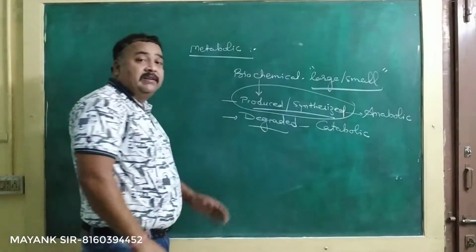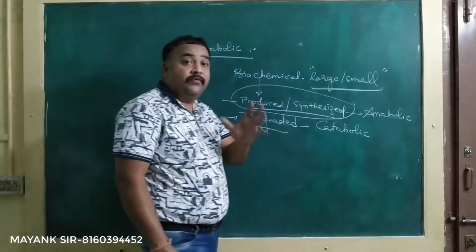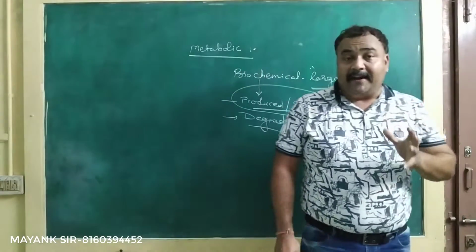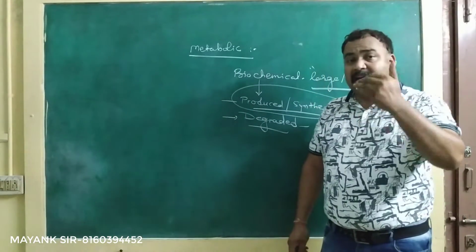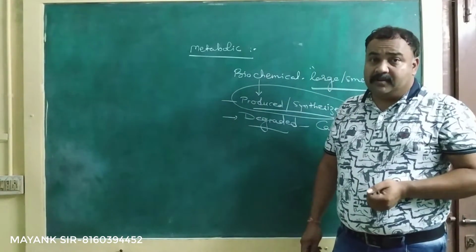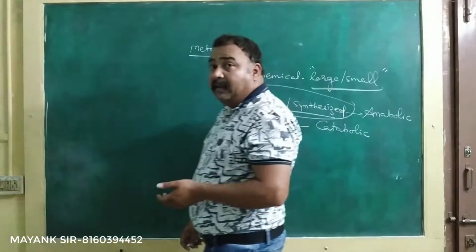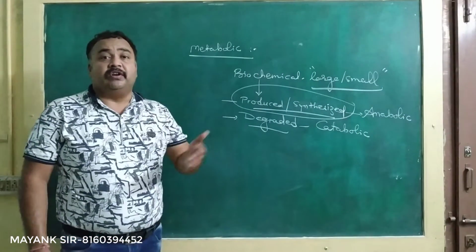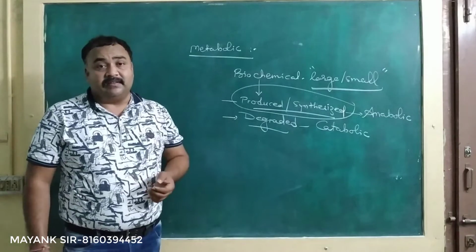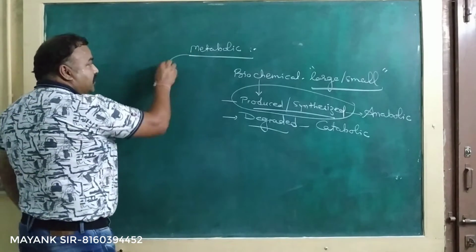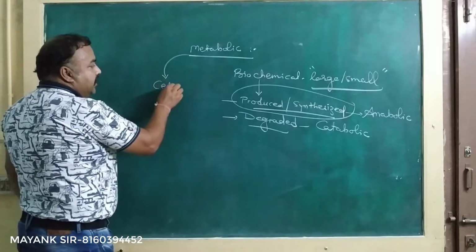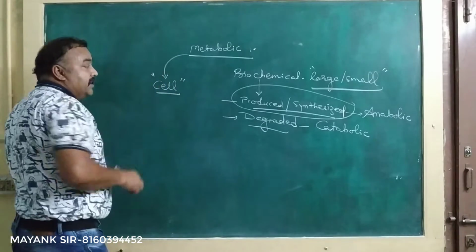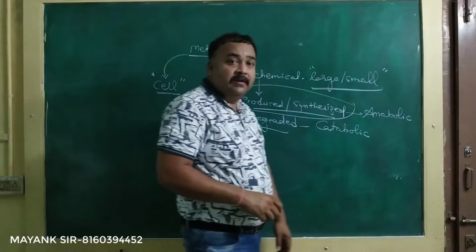So metabolism is nothing but the sum of all the biochemical reactions occurring inside the body of living organisms. And metabolism leads to formation of characteristic biomolecules. And this occurs because the body of living organisms is made up of cells.